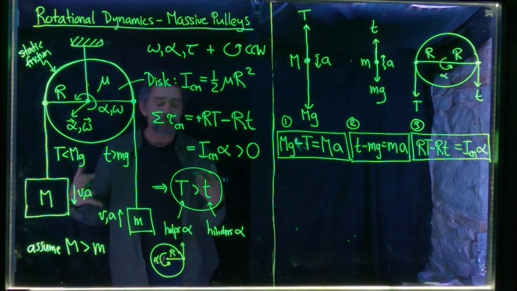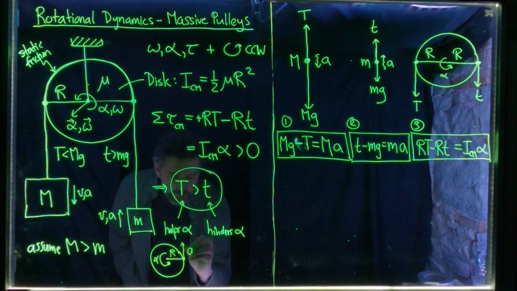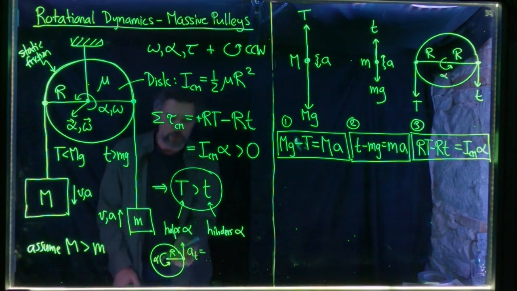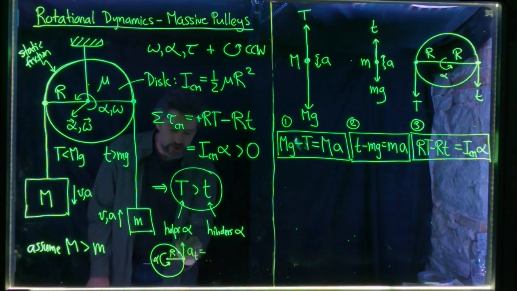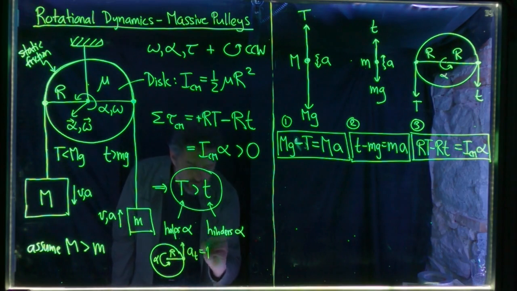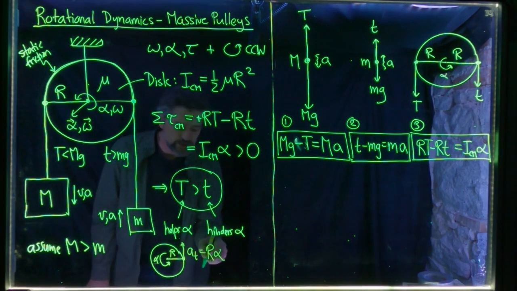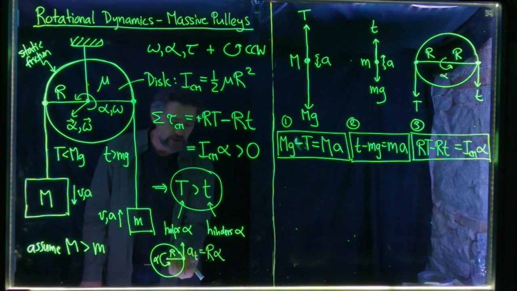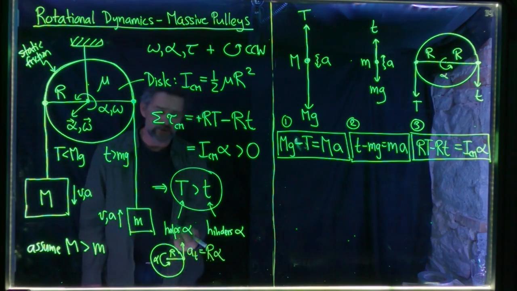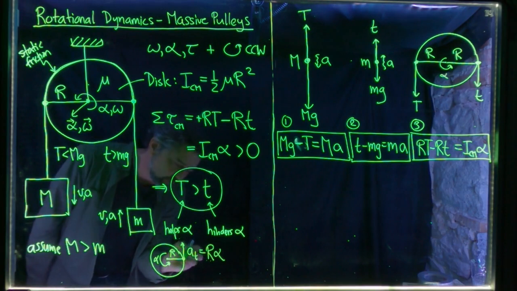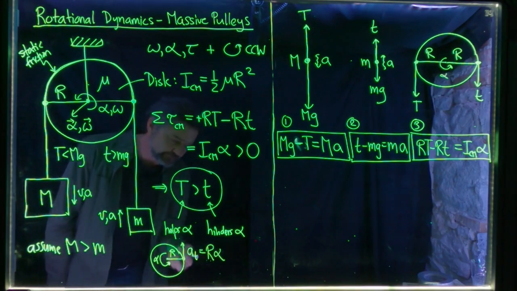Acceleration in meters per second squared, a tangential, which is equal to the radial distance r times the angular acceleration. So this is radians per second squared times meters, which is meters per second squared, the tangential acceleration of this point on the wheel, upwards.